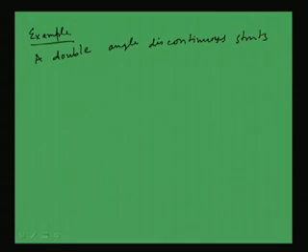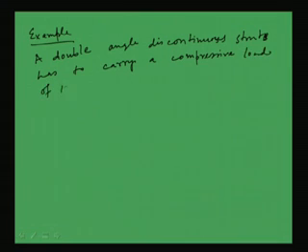So, the example is: a double angle discontinuous strut has to carry a compressive load of 120 kilonewton.